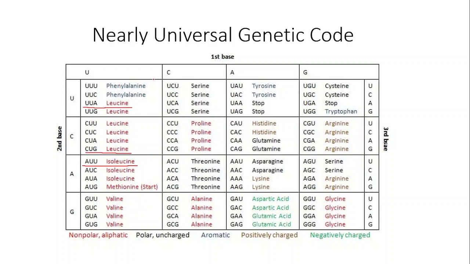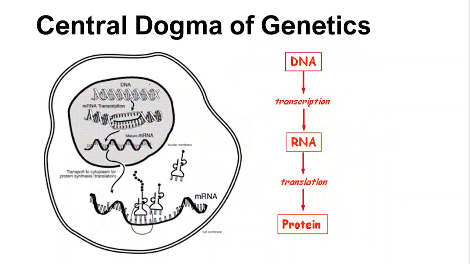So you have 20 amino acids, you have these 64 codes, and we'll talk about redundancy in a moment, but if you only have 20 amino acids, there must be more than one code for many of the amino acids.